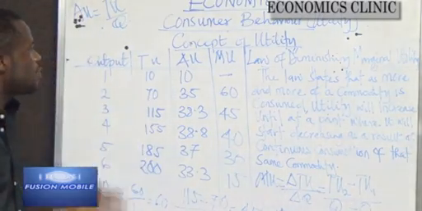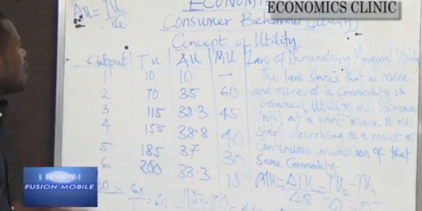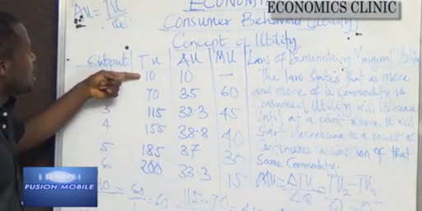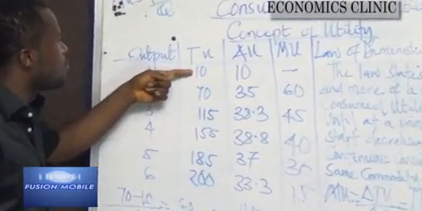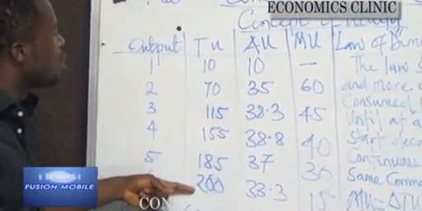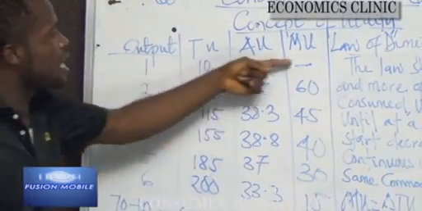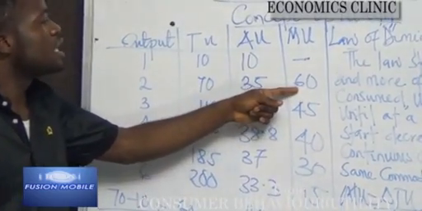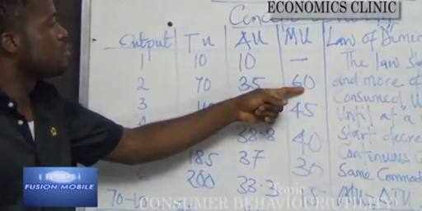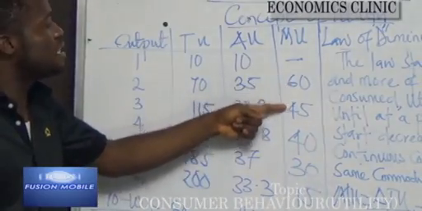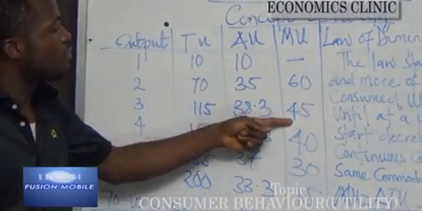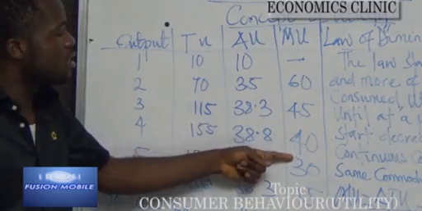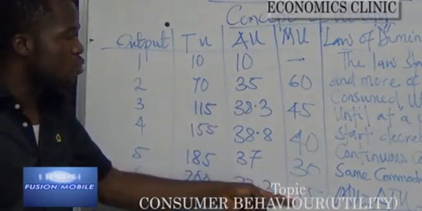This can be better explained on this table. As you can see, the total utility increases from 10 to 200. Now if you go to marginal utility, you see that the additional satisfaction derived by this person started from 60. Then it starts decreasing to 45, to 40, to 30, and to 15.